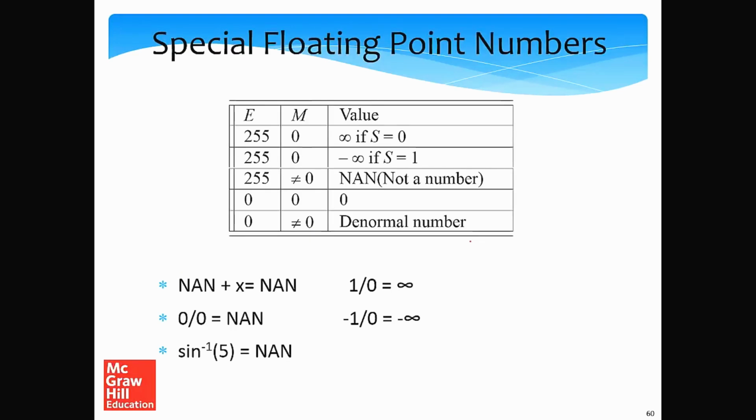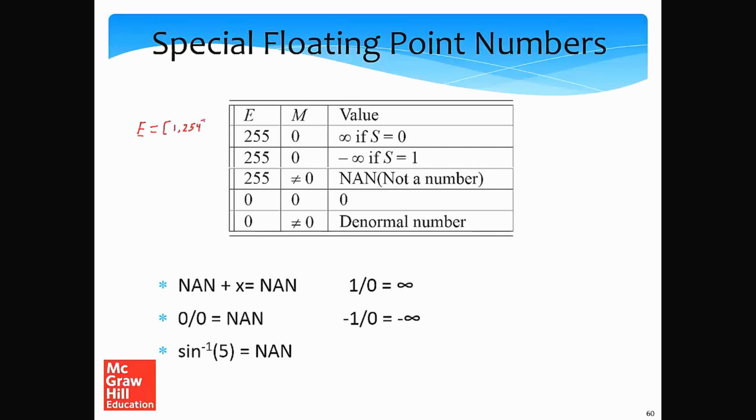So let's now take a look at some of the special values for the floating point numbers. If you recall, the valid values of e have to be in the range of 1 and 254.